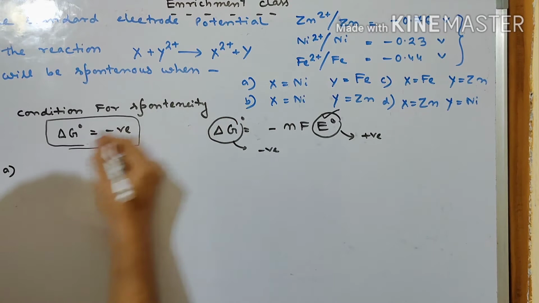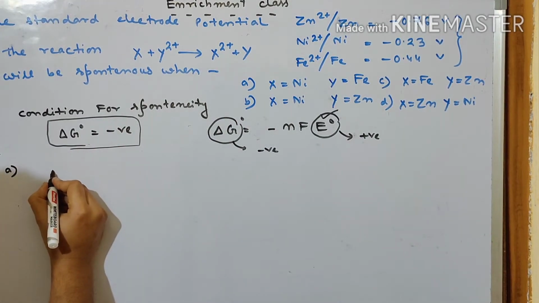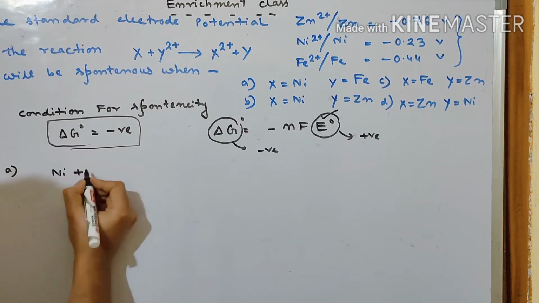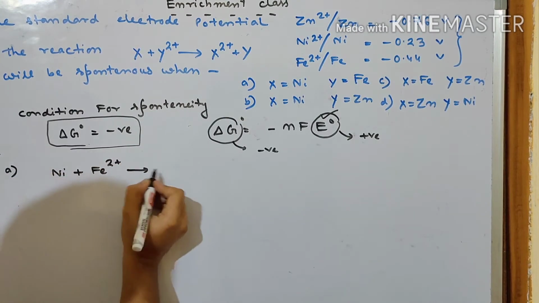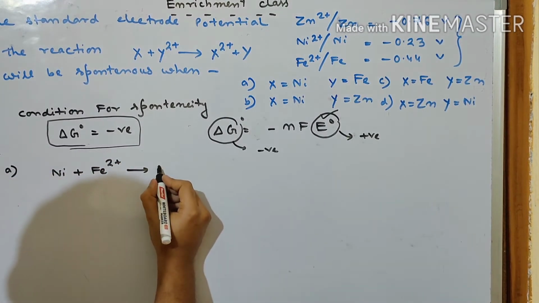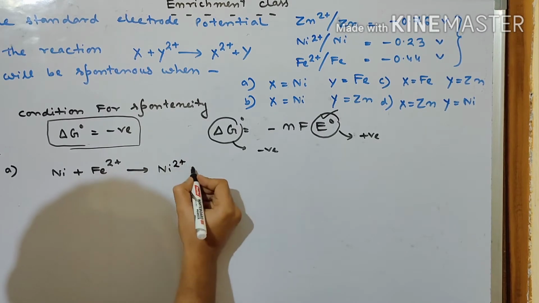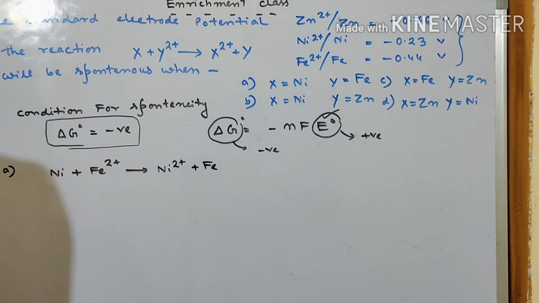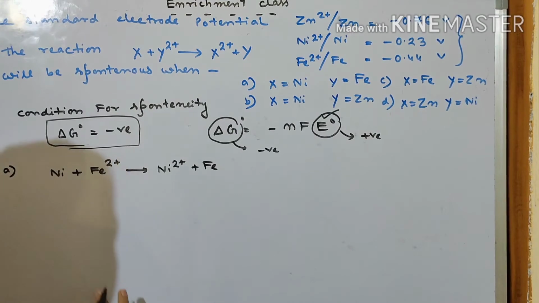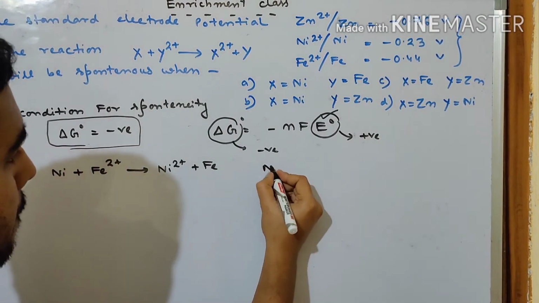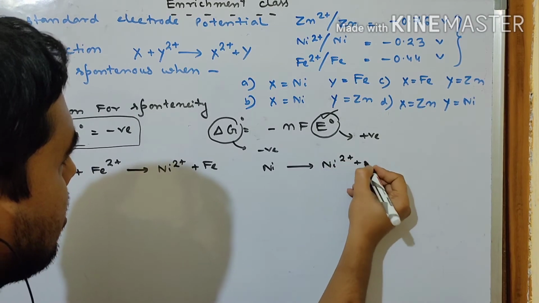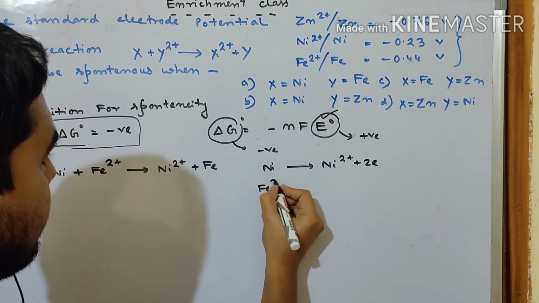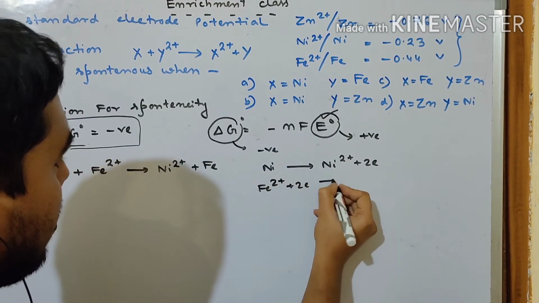Let us see for option A. So X is equal to nickel. So the reaction becomes nickel plus Fe2+ giving rise to Ni2+ plus Fe. So obviously here nickel loses 2 electrons and iron accepts 2 electrons.